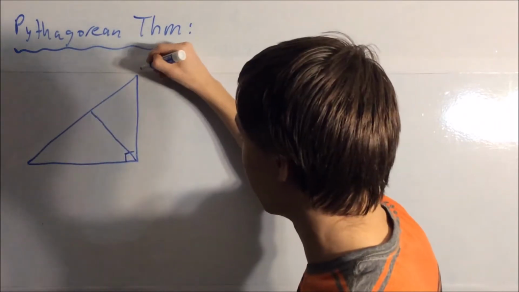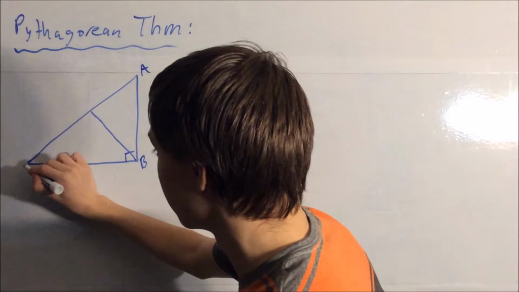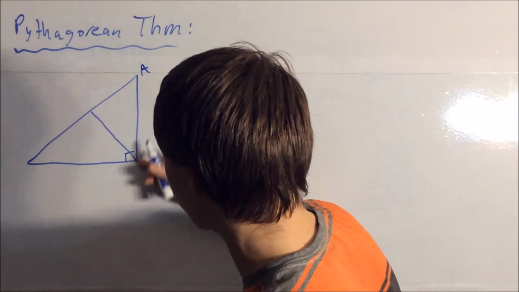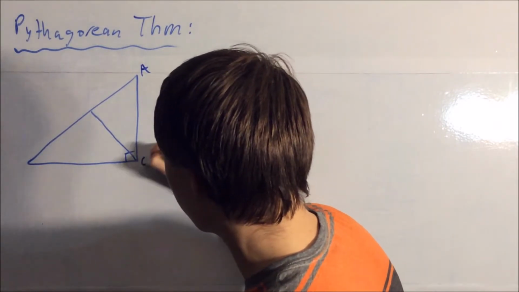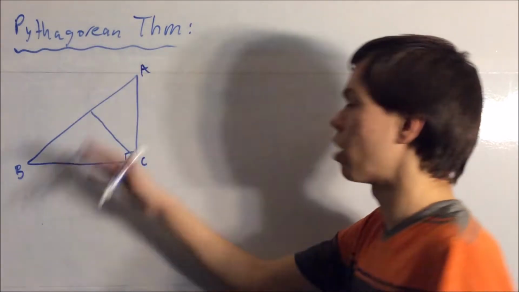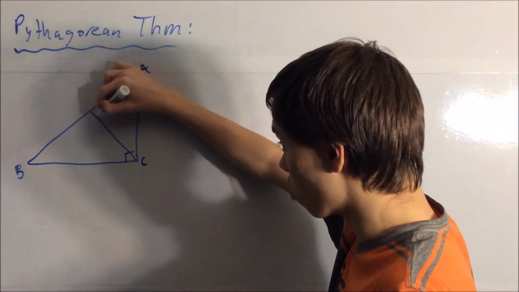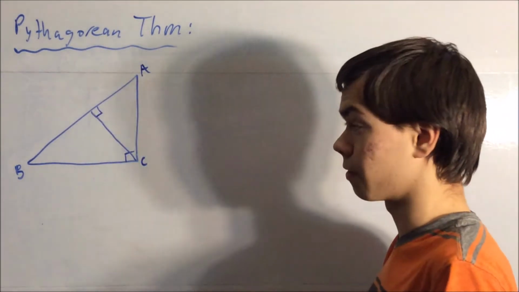I'm going to call this triangle ABC. So this is right triangle ABC. And I'm drawing a couple more right triangles out of this right triangle.